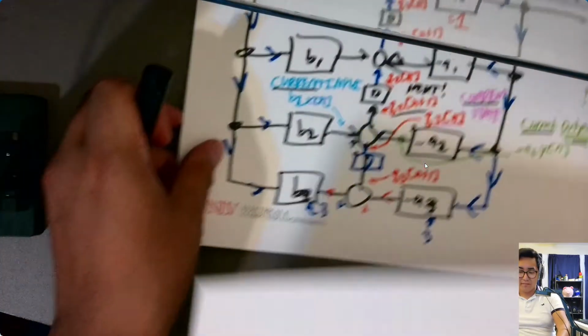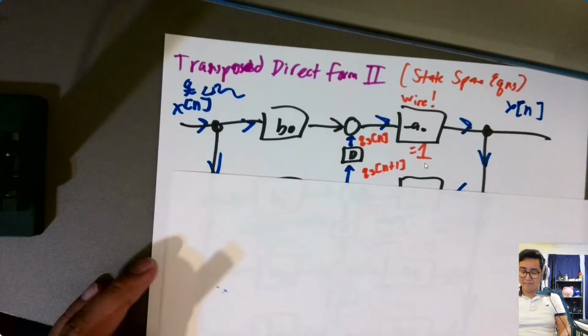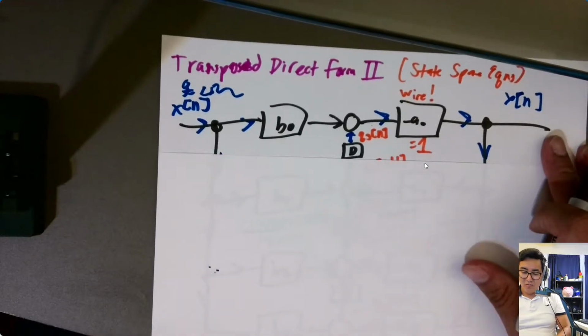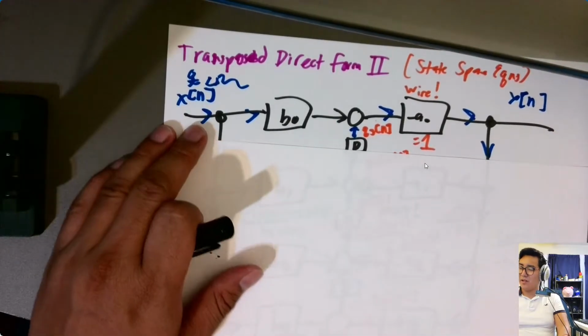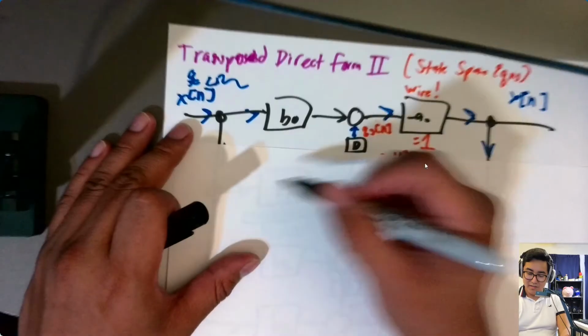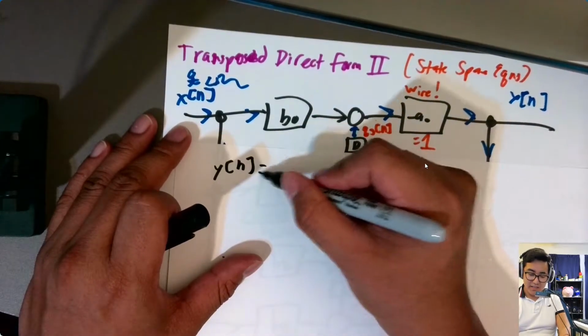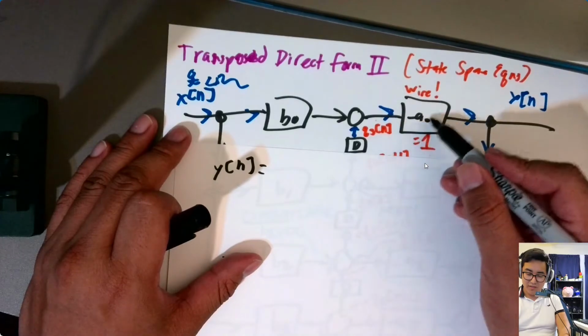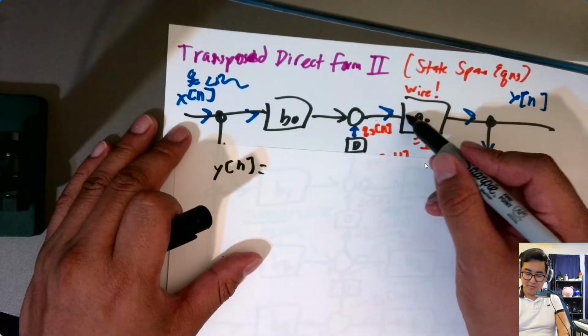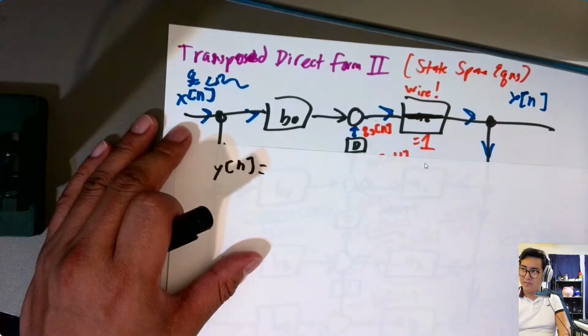So looking at our little diagram, what is our output equal to? Our output, let's just write that down, y of n is equal to, well, this is a wire. Actually, I'm just going to write that as a wire.